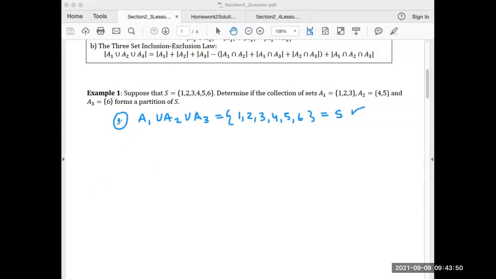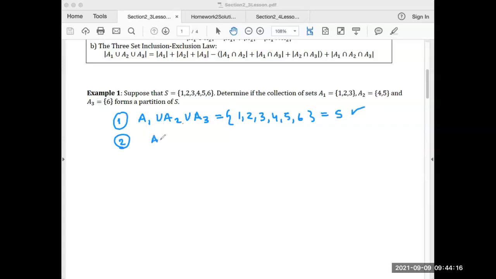Check. All right, second condition, we want to check to see there's no common elements between any of the sets. So you take the intersection of each of the sets with each other. And you can see visually that there's nothing common between 1 and 2. There's nothing common between 1 and 3. And there's nothing common between 2 and 3.